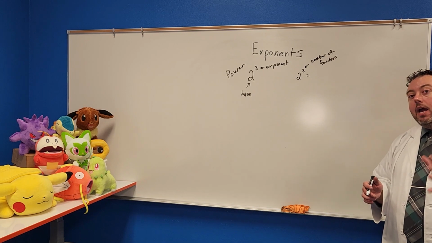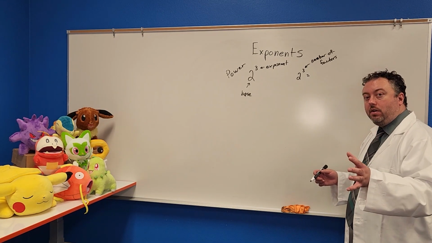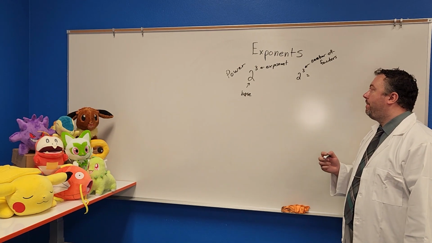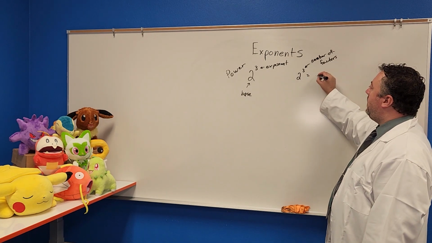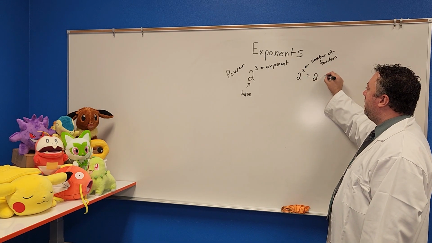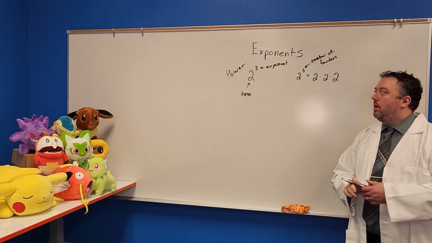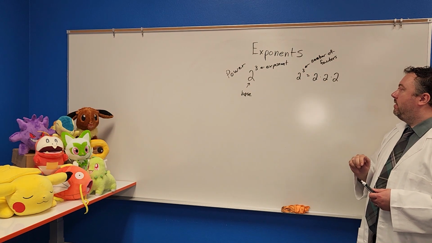How many times we multiply it, how many factors we use in that multiplication, comes from the exponent. Since our exponent is 3, we are going to have 3 factors, and those 3 factors will be made up from the base. So 2 cubed means we have 3 factors of 2.